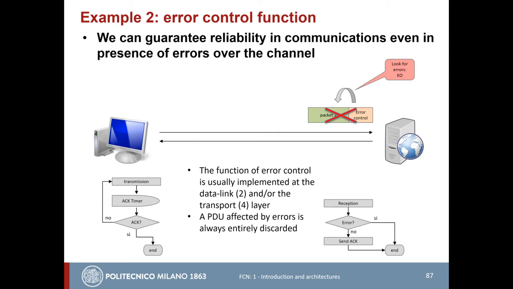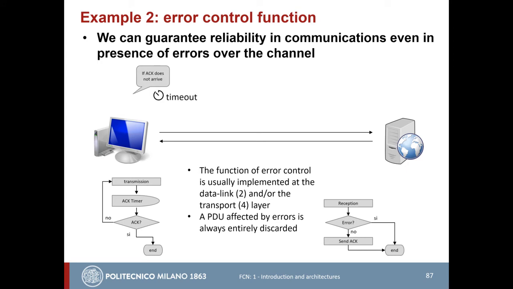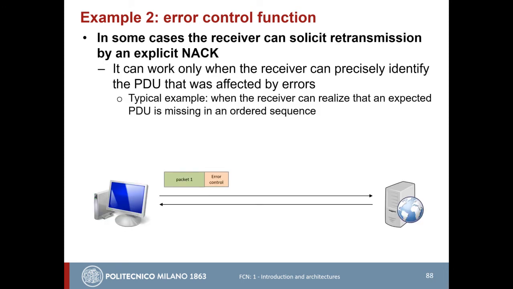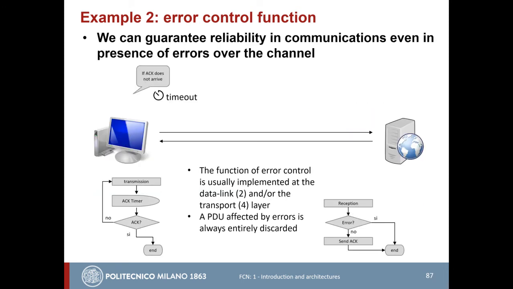So the simplest way to implement error control is that when the sender sends the packet, it starts counting the time, and if the packet is not acknowledged by receiving an acknowledgement message within a specific time, then, when the packet is dropped, nothing is sent and the sender does not receive anything.